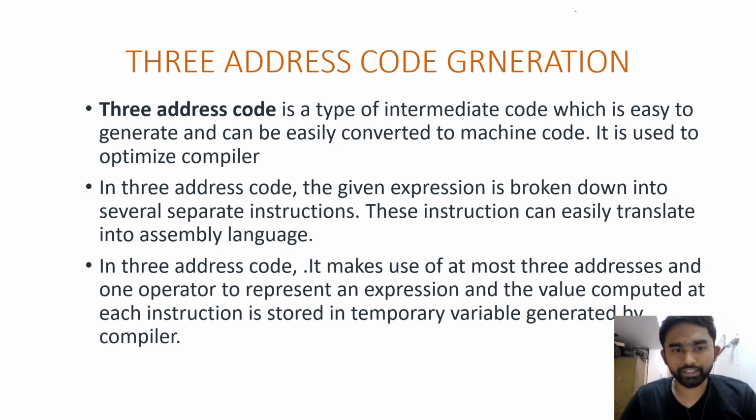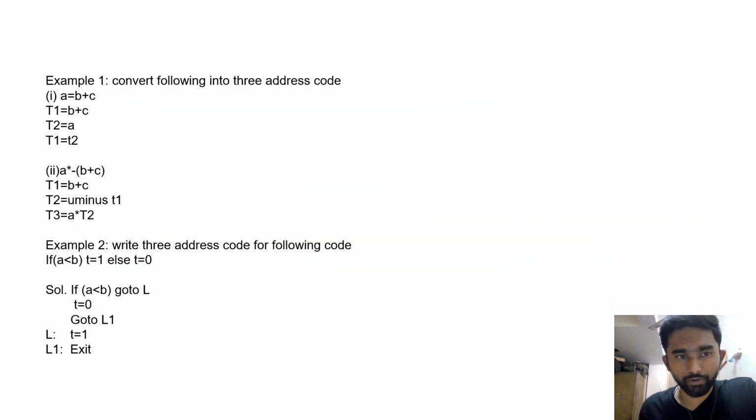So in 3 address code, we use at most 3 addresses and one operator to represent an expression, and the value computed at each instruction is stored in a temporary variable generated by the compiler. I hope everyone is familiar with the concept of a variable, which is used to store a value. Now we will look at some examples.